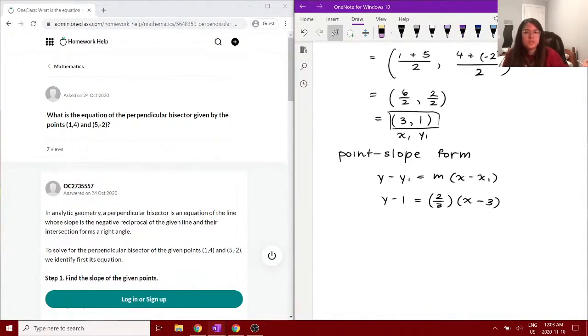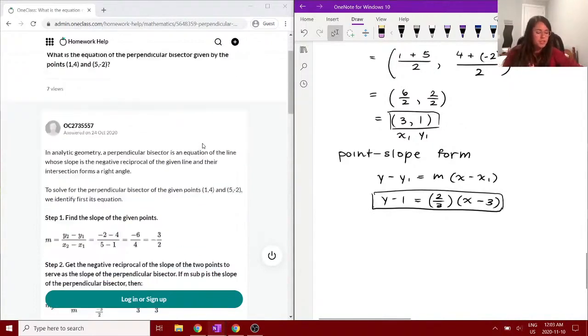If you want to, you can rearrange this equation into standard form or slope-intercept form, but that should be good for what it's asking, since it's asking for just an equation of the line. So that's the equation of the perpendicular bisector.